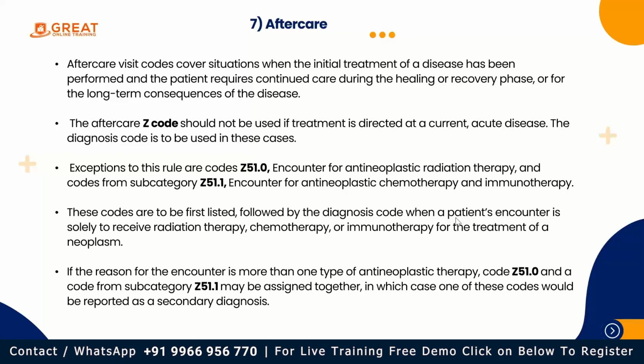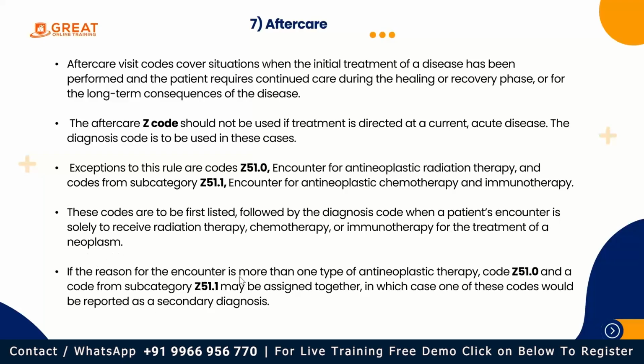The particular diagnosis obviously must be a neoplasm, because chemotherapy is done in case of neoplasm. But we use this Z51 code as first listed when the encounter is solely to receive either radiation therapy, chemotherapy, or immunotherapy for the treatment of neoplasm.